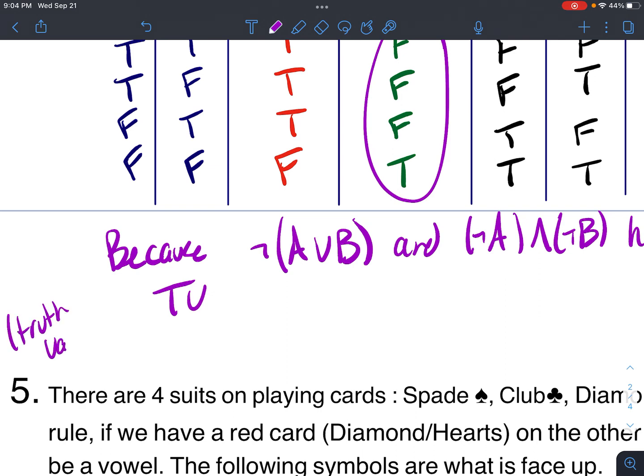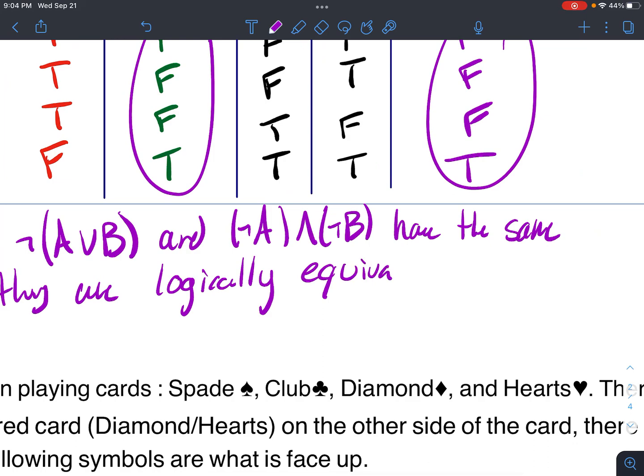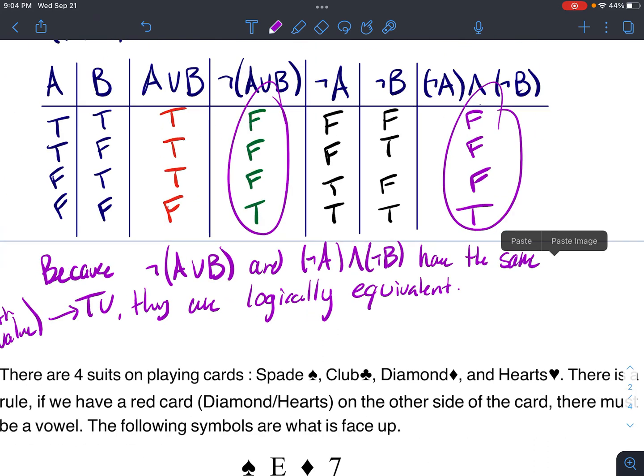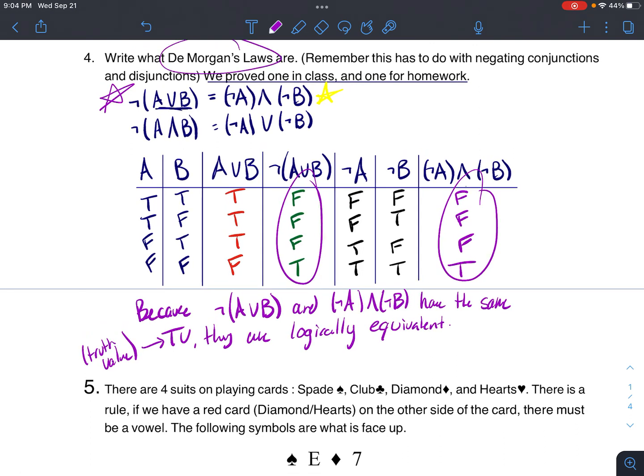Remember, this is truth value. They are logically equivalent. Beautiful. So that's that. That is De Morgan's law. That's one of them. This is the other one here.